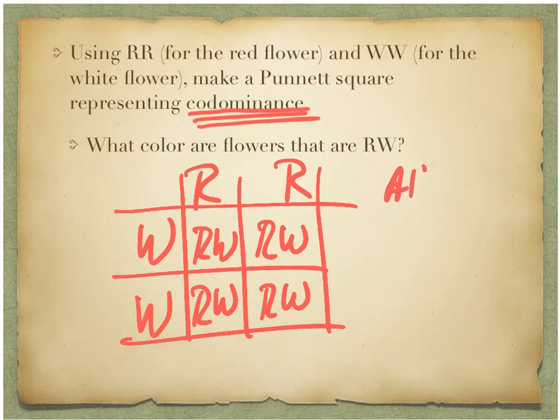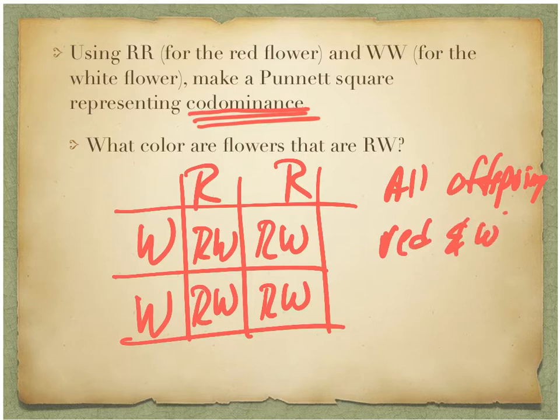So all the offspring would have red and white spotted flowers. Each allele would be expressed evenly.